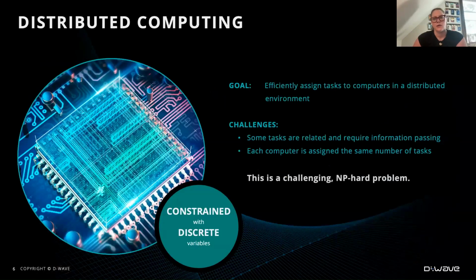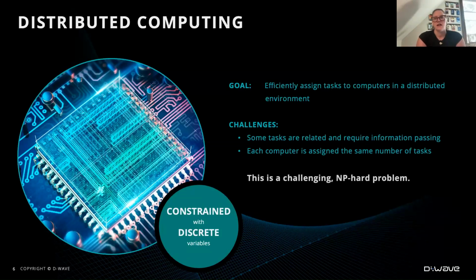That's going to be this example of distributed computing. In this scenario, we're thinking about a situation where we have lots of different tasks for our system to compute, and we have a set of computers that we want to distribute these tasks to.